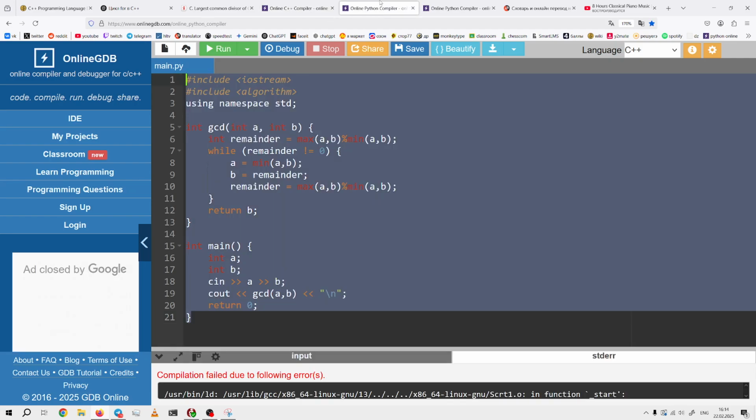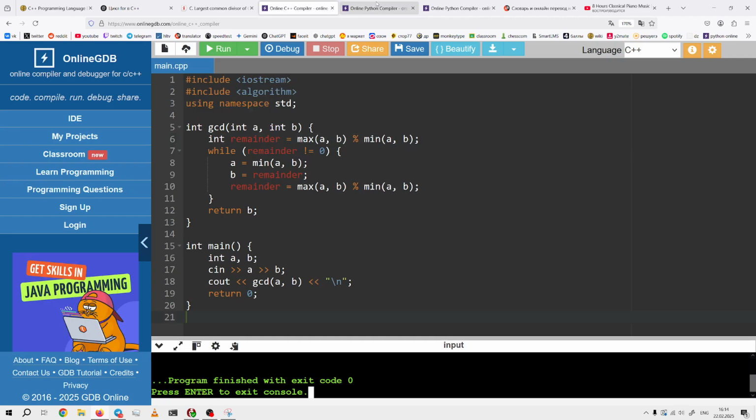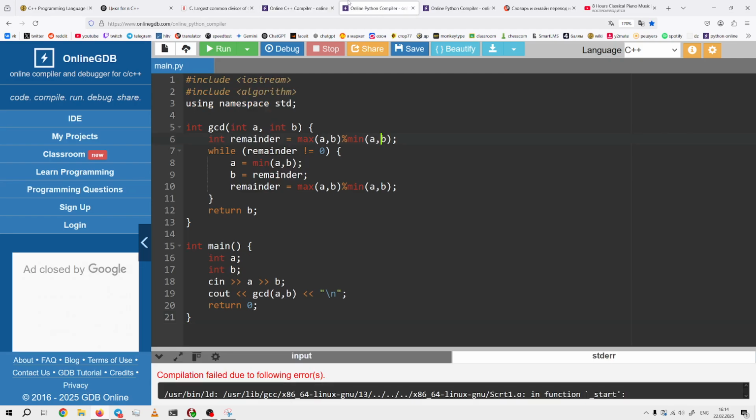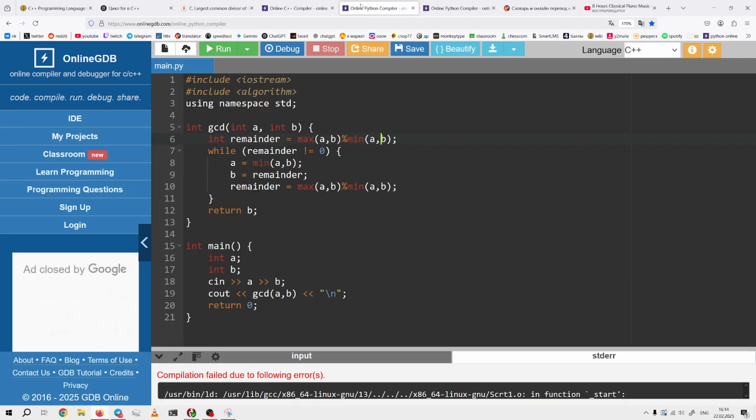What is different? It's all the same. And what is different?